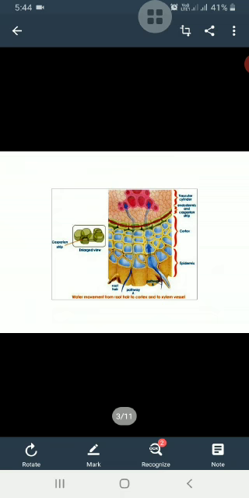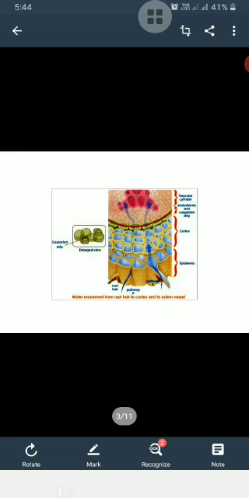Mark the level of the sugar solution in the potato and keep the potato in a dish containing some water. The water level in the dish should be lower than the level of the sugar solution in the potato. We have to leave this setup for a few hours.